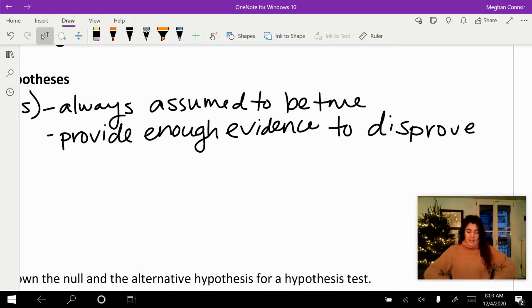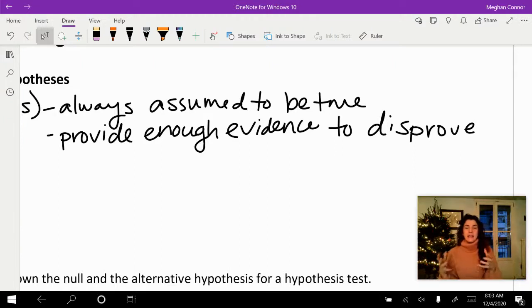The way that I like to think about it, and a lot of statisticians like to think about it, is as the trial and conviction system that is the criminal justice system. We are focusing on this idea of innocent until proven guilty. So we go into a courtroom and we say everybody here is assumed innocent until proven guilty.